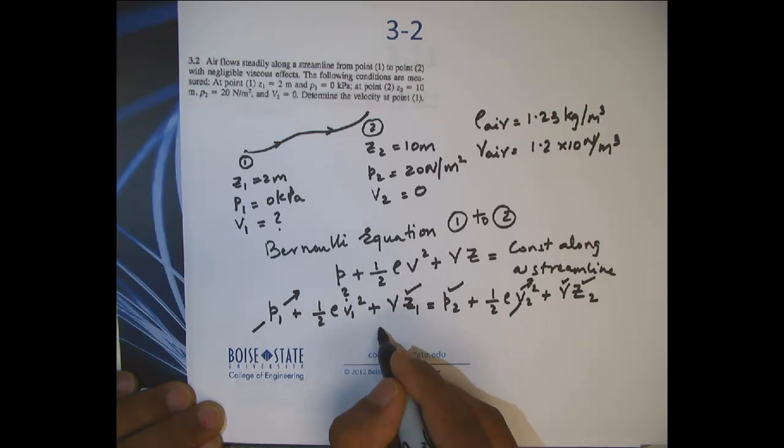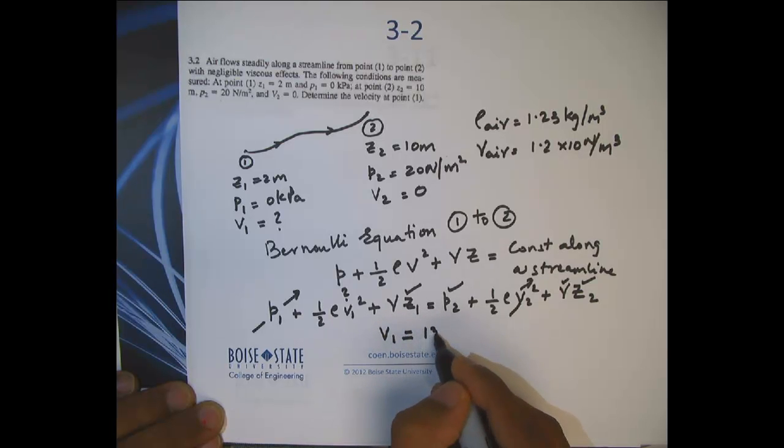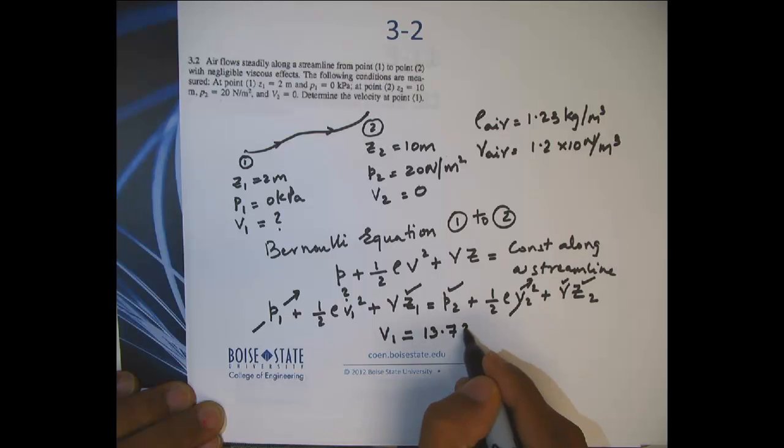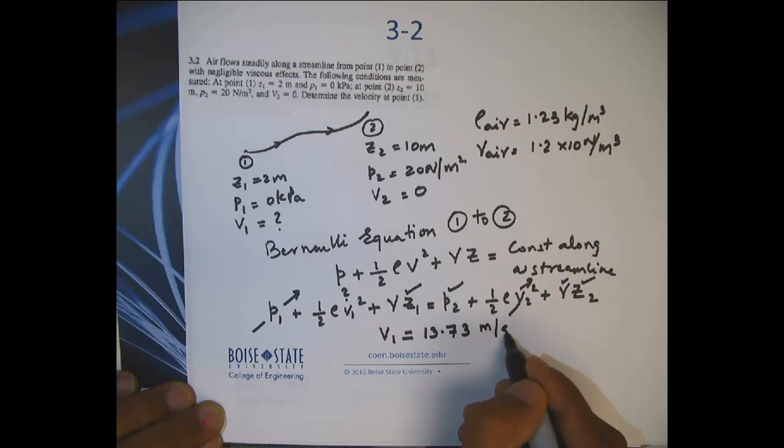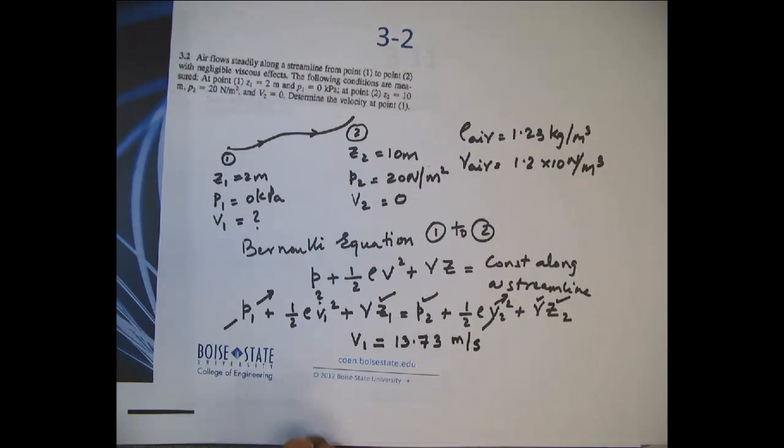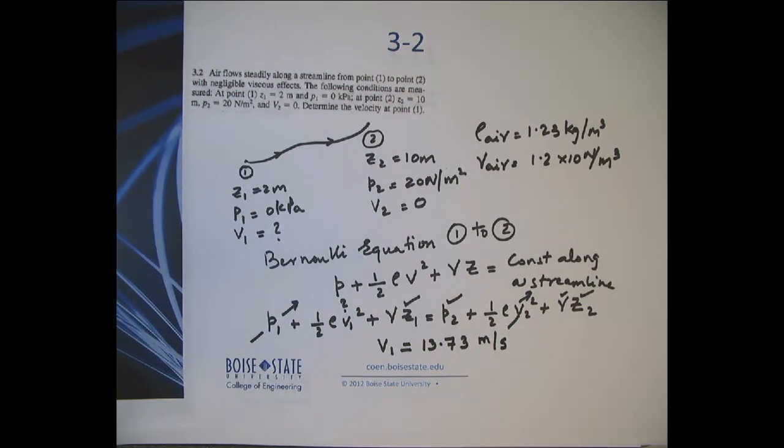You can punch in your numbers in your calculator and you should get V1 to be 13.73 meters per second. So this is the application of the Bernoulli equation along the streamline.